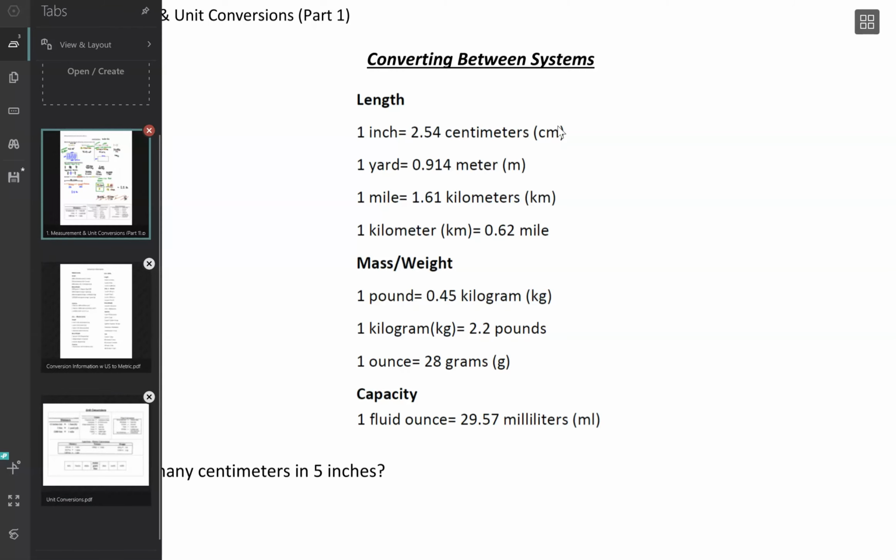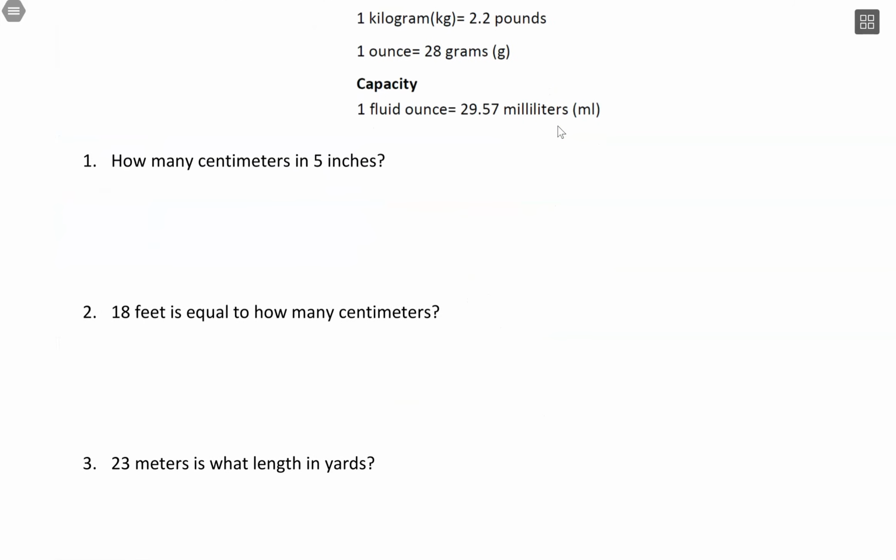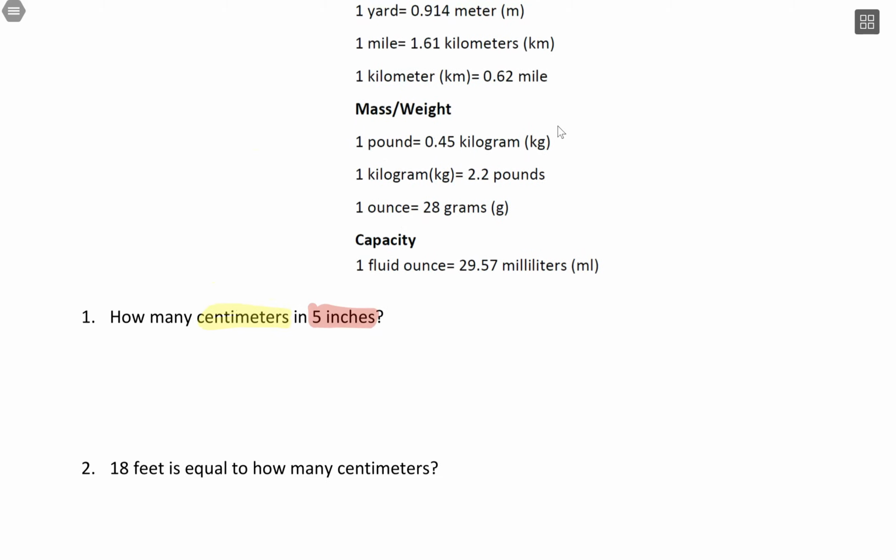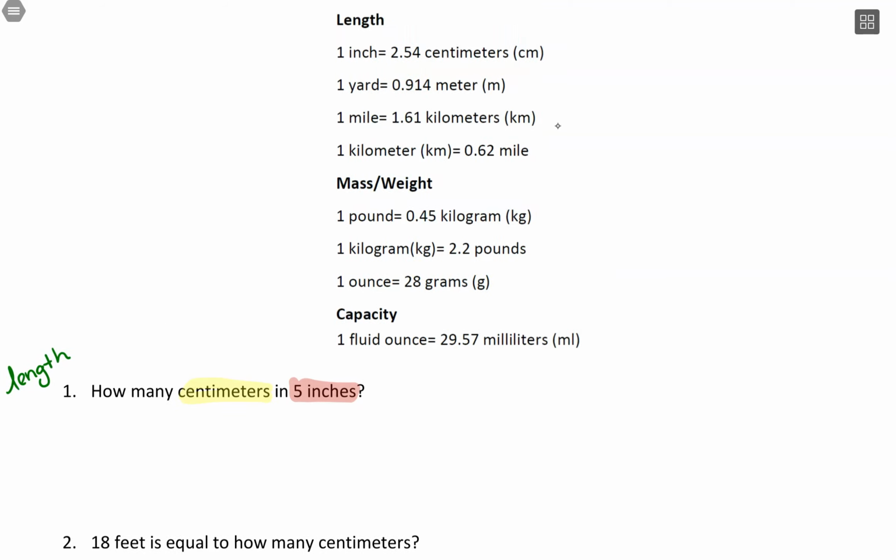All right, so let's say we have something that is 5 inches and we want to convert to centimeters. What can be helpful is recognizing that this deals with length, because that's how our conversion sheets will be separated.